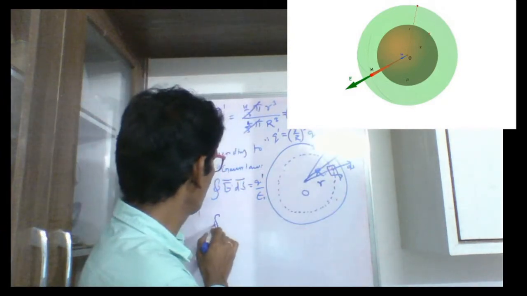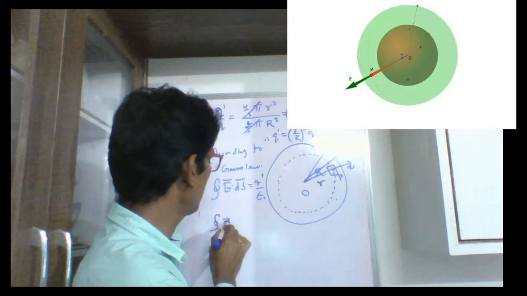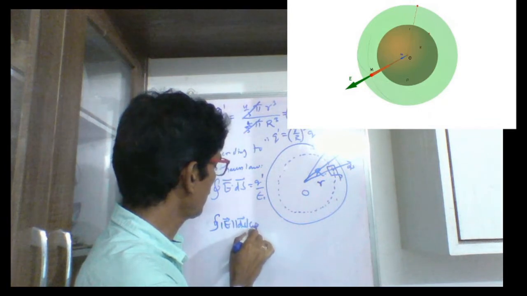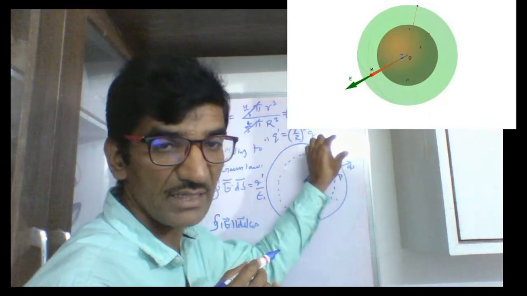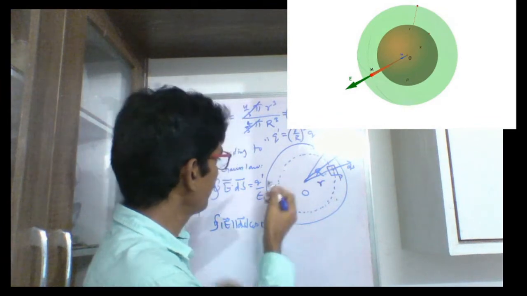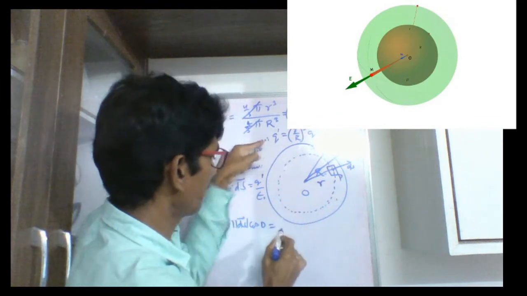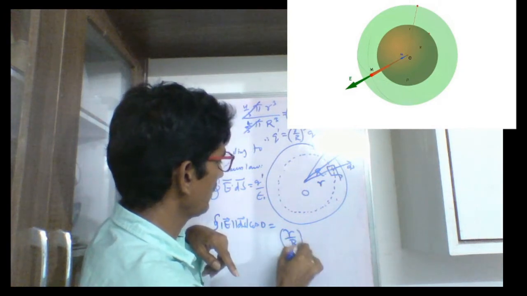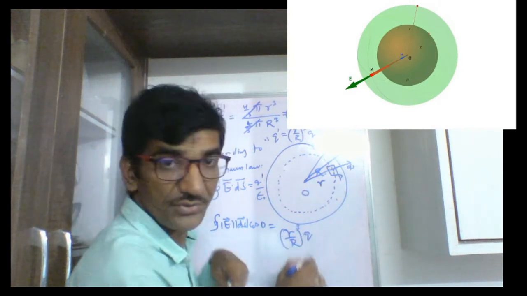So here we have mod E mod ds cos theta. Again this theta, the angle between these two vectors, is 0. On this side you have to write q prime. What is q prime? r by R whole cube into q.